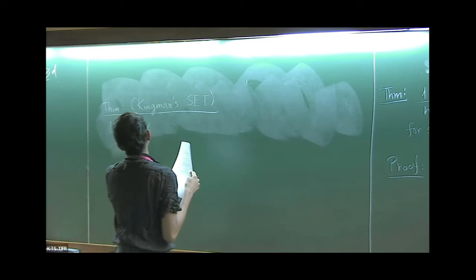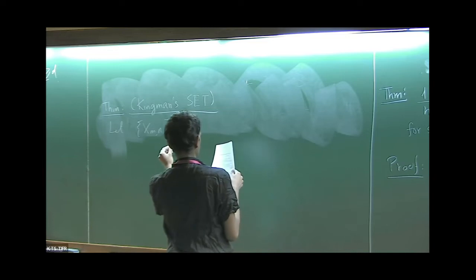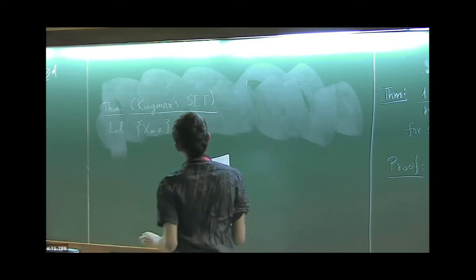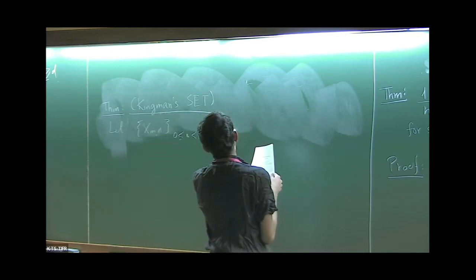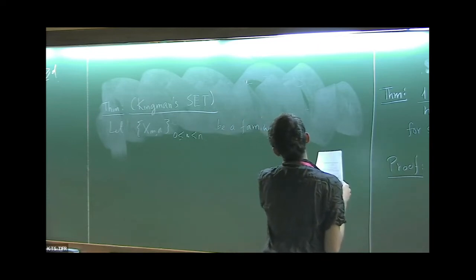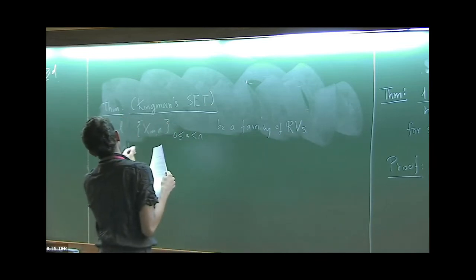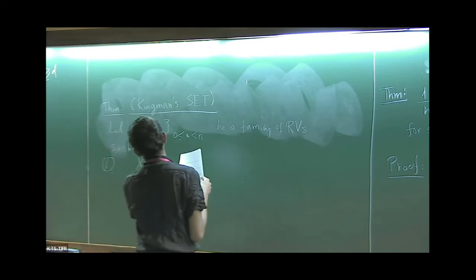So I have a triangular array of random variables satisfying a bunch of conditions. One is the subadditivity condition.